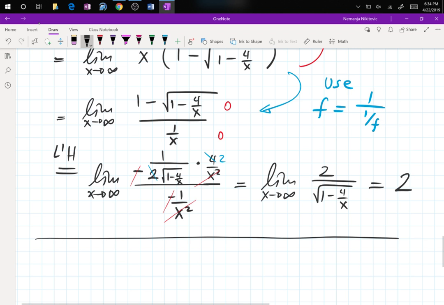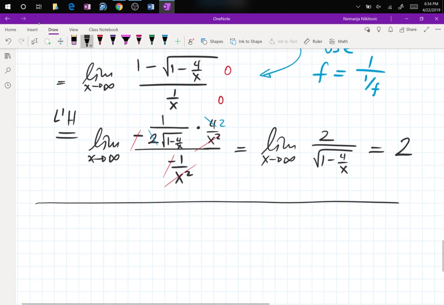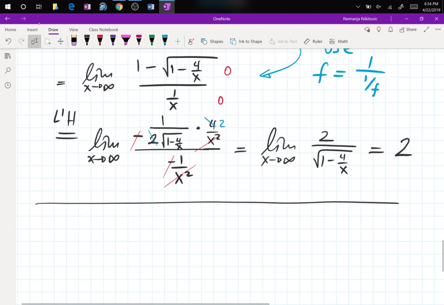Let's see what else we can do. Problem 60s. This problem looks really cute.